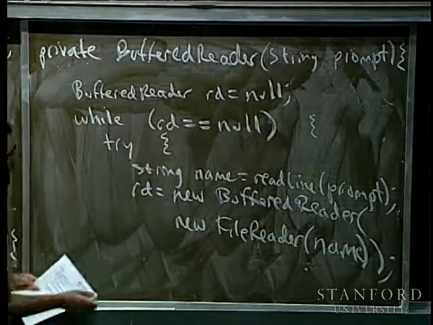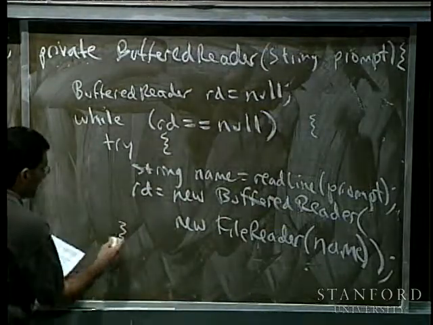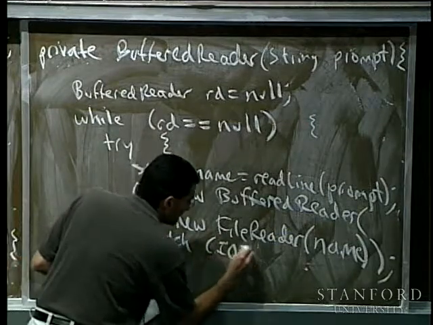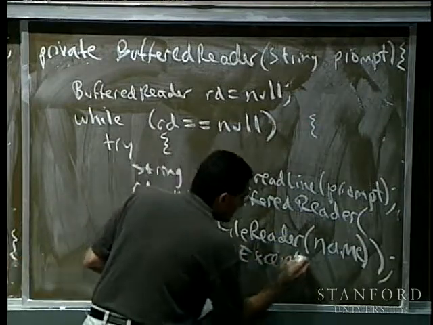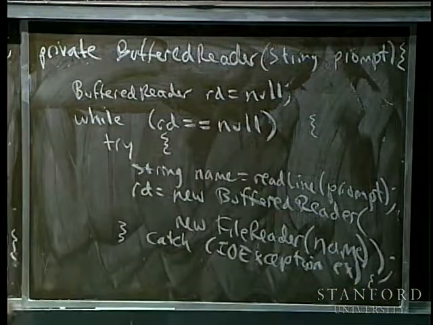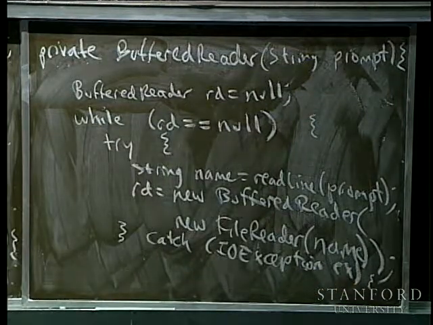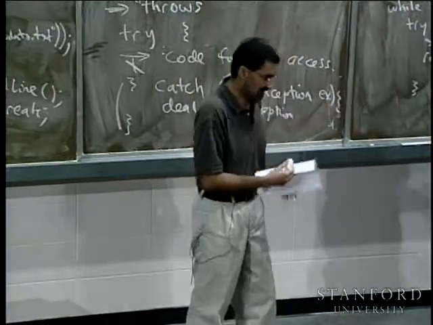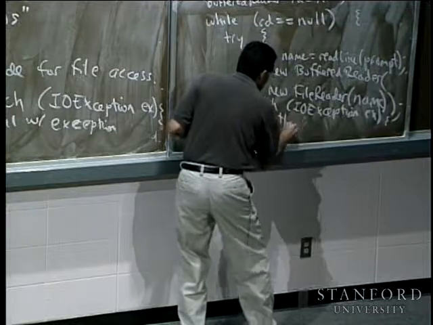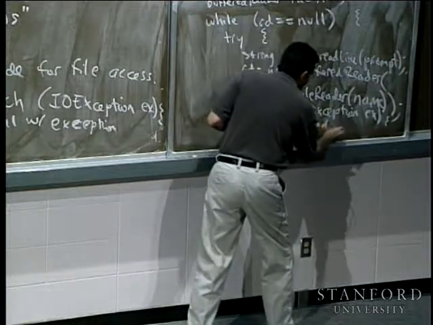That's an important thing. Because if I do this try and the file's not there, I'm going to catch this IOException ex. And when I catch that exception, I'm not actually going to do anything with the exception parameter ex that's passed in. All I'm going to do is write a println to the person saying something like bad file.